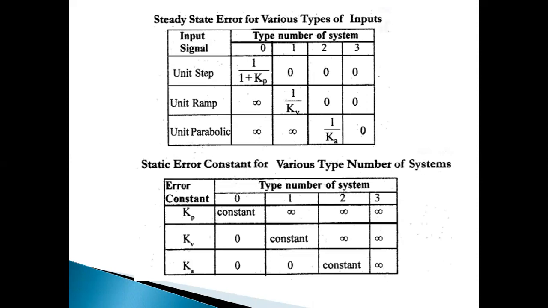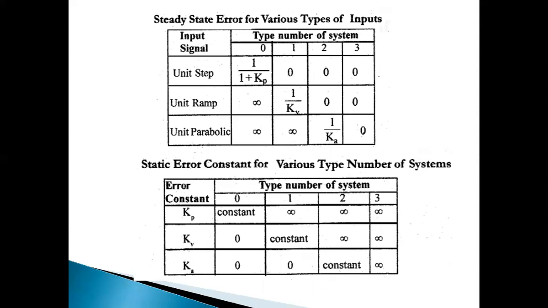So up to this, these are nothing but transient or time domain specifications. What are time domain specifications? Rise time, peak time, peak overshoot, settling time, and steady state error. These are the time domain specifications.